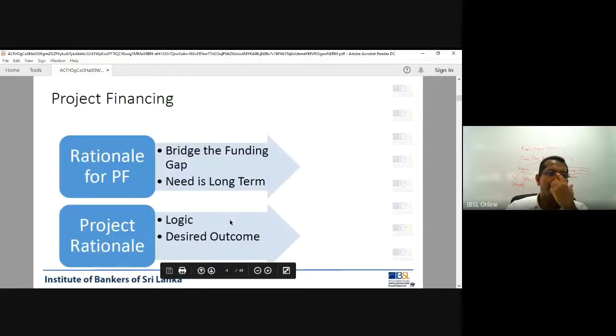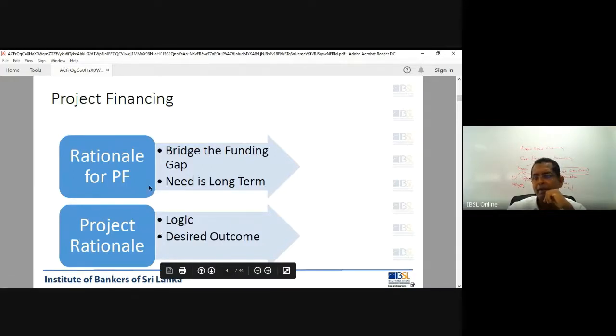So for project financing, we have two things: the rationale for project finance and the project rationale. Why project financing? Why the project? That is the layman's term.